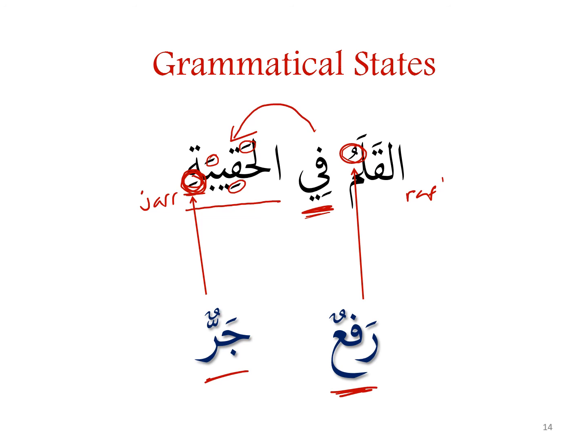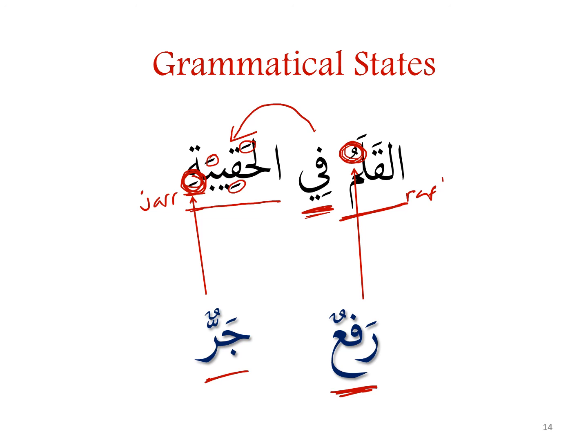And that doesn't change the actual word itself. Now, what it changes to depends on what grammatical state it's in. So al-qalamu could have been al-qalami or al-qalama. In this case, it's al-qalamu because its role in the sentence is the mubtada. And the mubtada is in the state of raf', which is why it's going to take this dhamma.